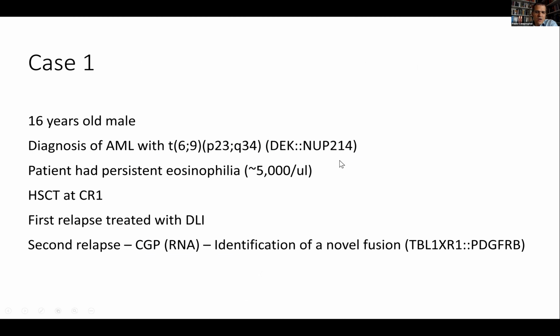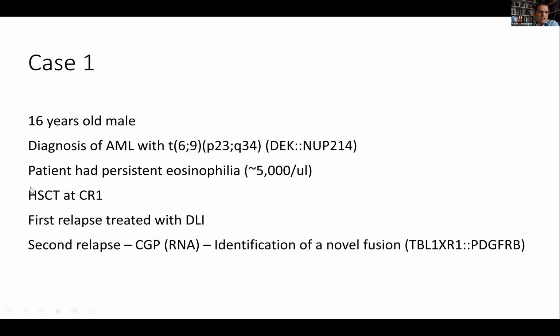It's a high-risk fusion. And the patient had also eosinophilia when he presented with AML. He had at diagnosis a FISH performed for PDGFR alpha, beta, and FGFR1. For some reason, there was a false negative FISH.